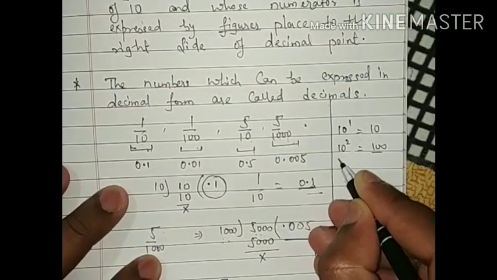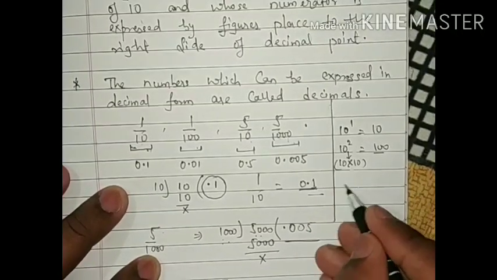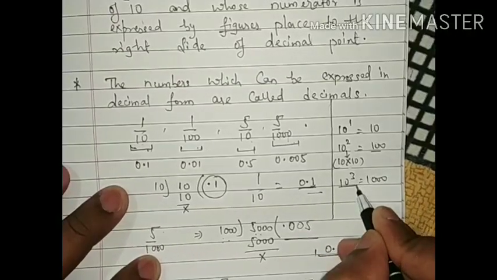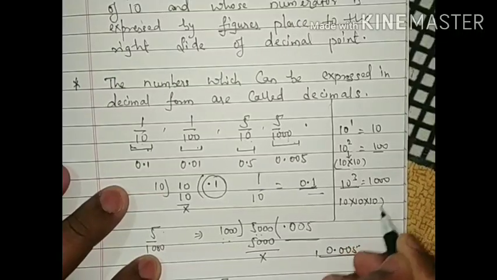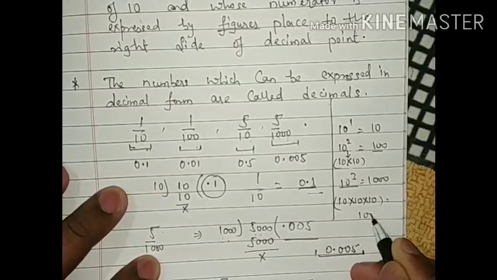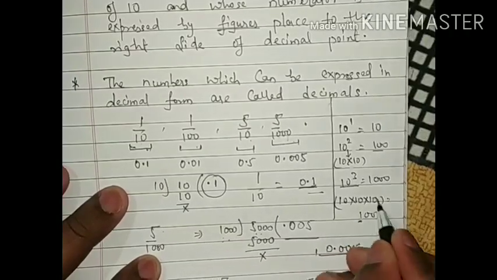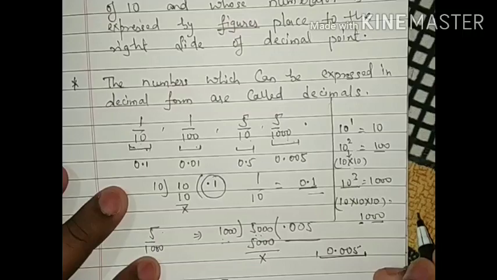What does power 2 mean? That is 10 being multiplied by itself 2 times. 10 to the power 3 will be equal to 1000. What does power 3 mean? 10 is being multiplied by itself 3 times, what do we get? 1000, 1 and triple 0. This is how we multiply the form of 10.